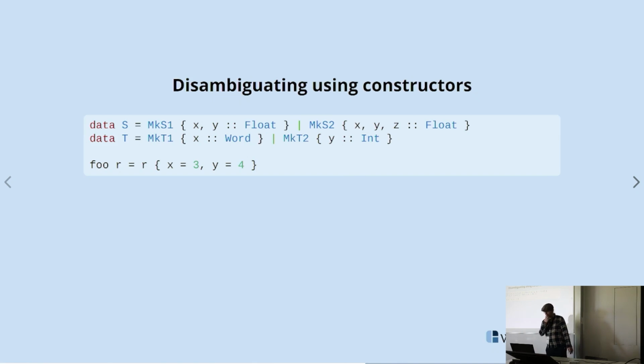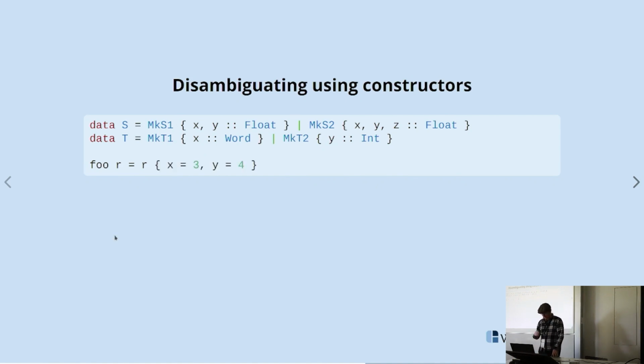Because imagine one thing you could do is, to say that you mean the record update S, you could add a type signature around this, say R double colon S. Technically, that's accepted by GHC as a disambiguation mechanism currently, but the general principle is that we're trying to do it purely in the renamer, so that we don't end up doing ad hoc, fake type class solving, basically, if you're not properly using type classes.